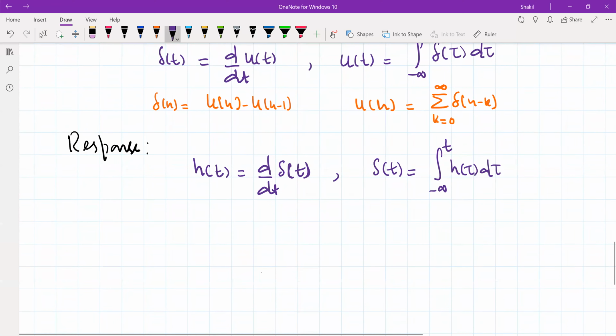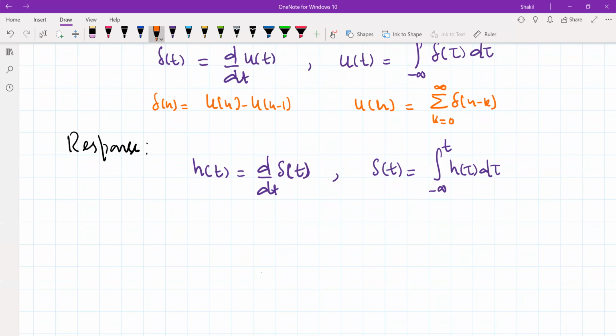So this is the relationship in continuous time domain. And here, the discrete version: h of n will simply be s of n minus s of n minus 1.